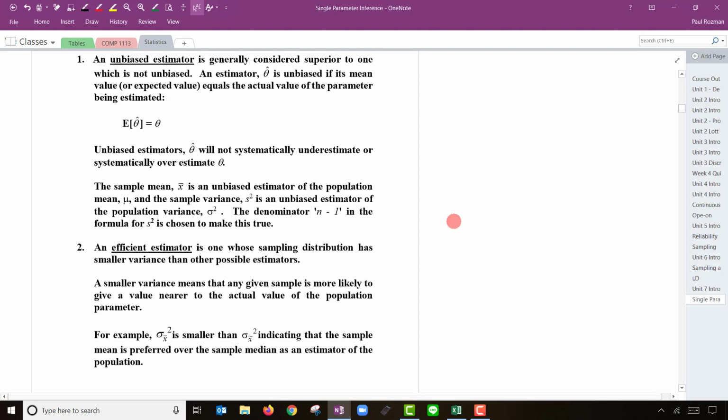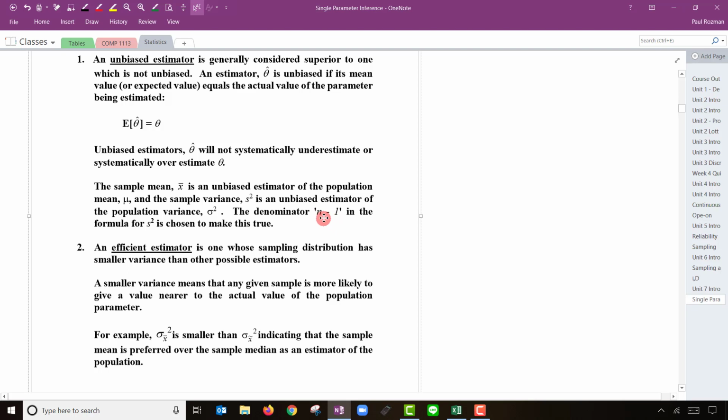It turns out that S is not an unbiased estimator of sigma because we had to make a sacrifice. S squared is an unbiased estimate of sigma squared, but S is not an unbiased estimate of sigma. So remember that whole n minus 1 in S in the denominator.